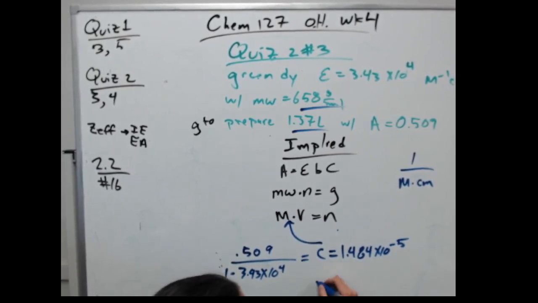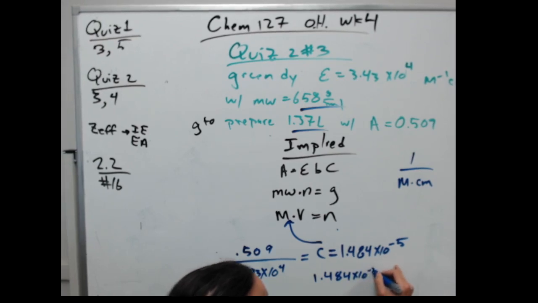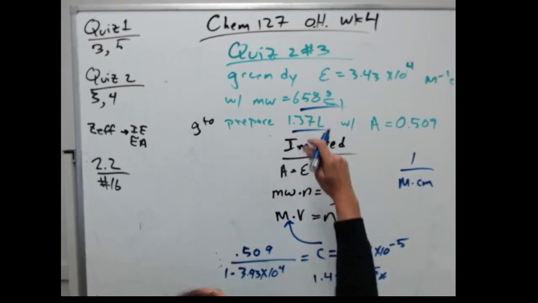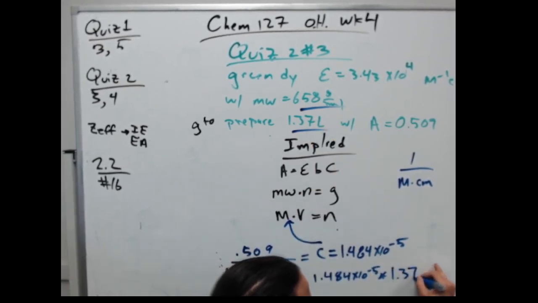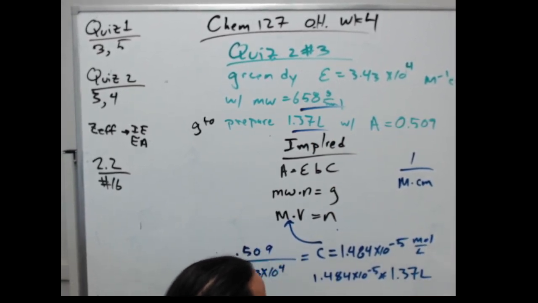Then I take my concentration, 1.484 times 10 to the minus 5, and multiply by the volume, that's 1.37 liters. Because this is in moles per liter, that's going to get me a number of moles.